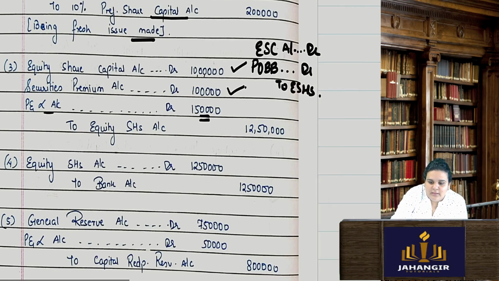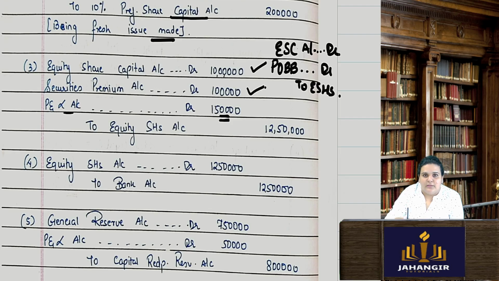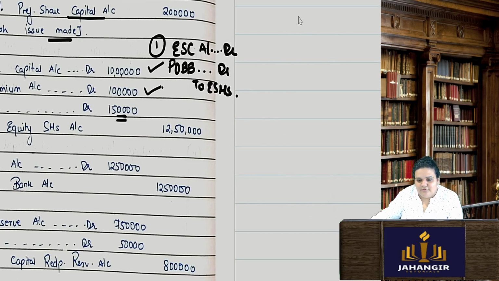This is also okay, and direct journal entry is also okay. Instead of writing premium on buyback, I have directly written securities premium and P&L, writing it off directly from here only. You can do it this way also, or you can pass this journal entry and then later on you can write it off. Write it off with the help of securities premium account, profit and loss account to premium on buyback.